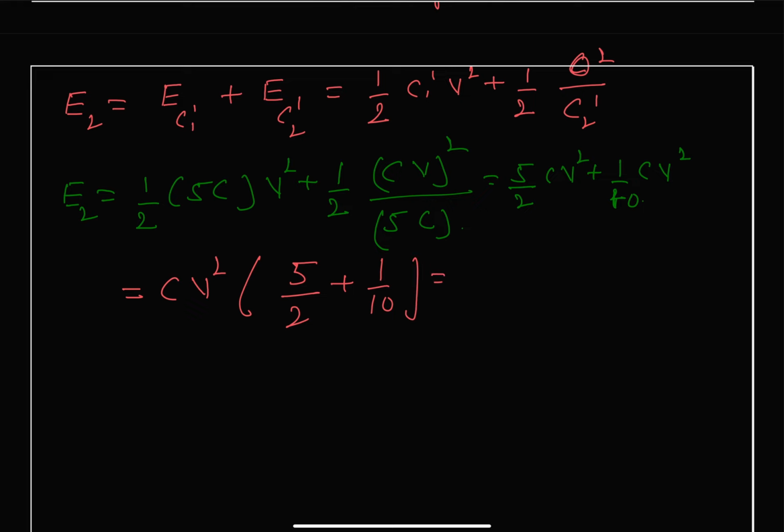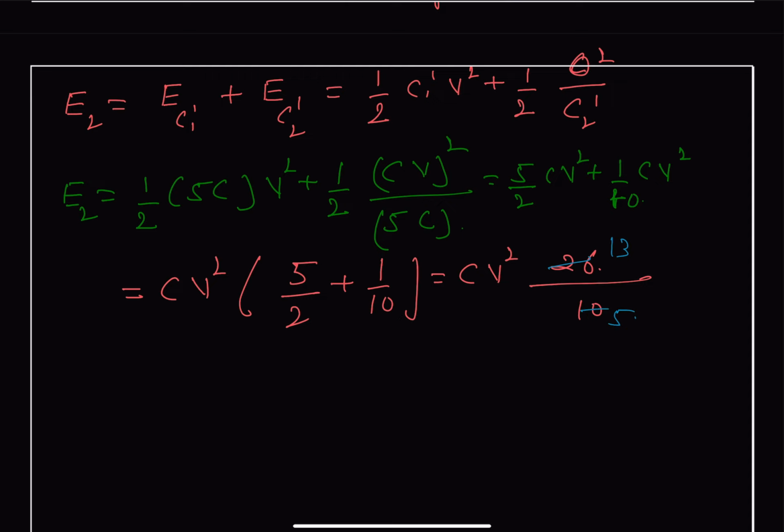So this comes as CV square and we have 10, this comes as 25 plus 1, that is 26, and we can cancel it by 13 and this by 5.